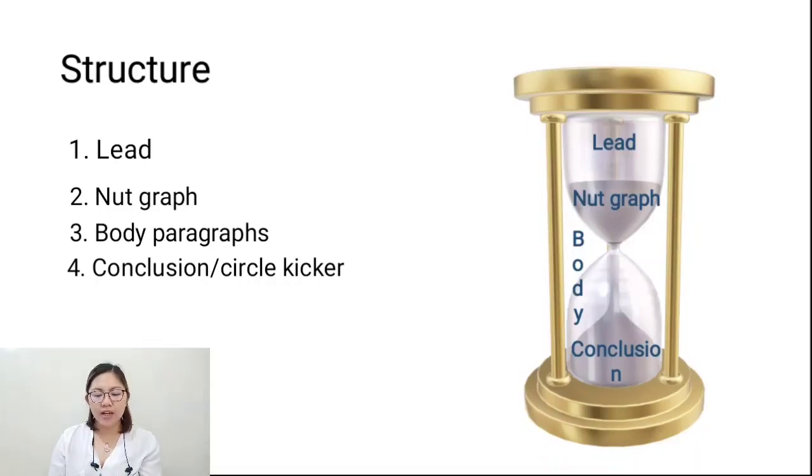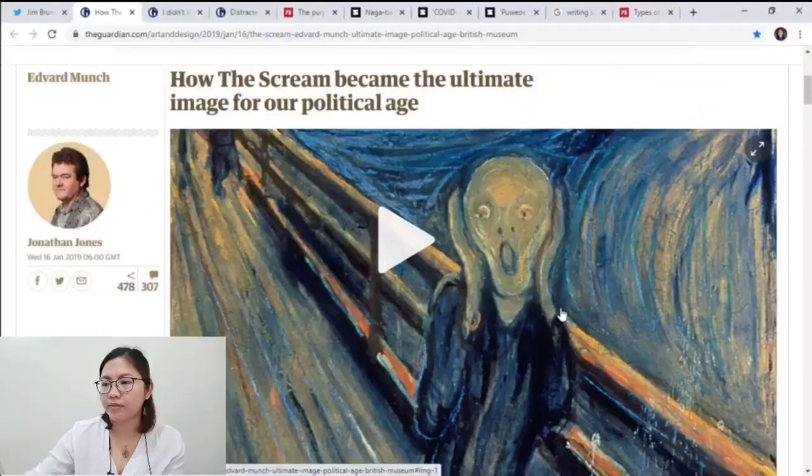The circle kicker is a return to the opening focus of your story. You can use here descriptions, anecdotes, or whatever way you would like to end your article, as long as that conclusion is a reiteration of your ideas from beginning to end, or your opinion about a certain topic.